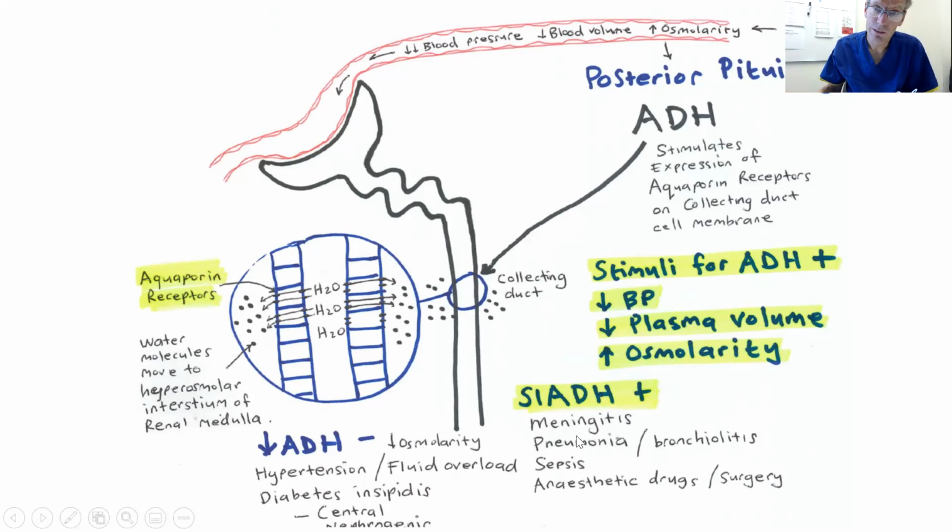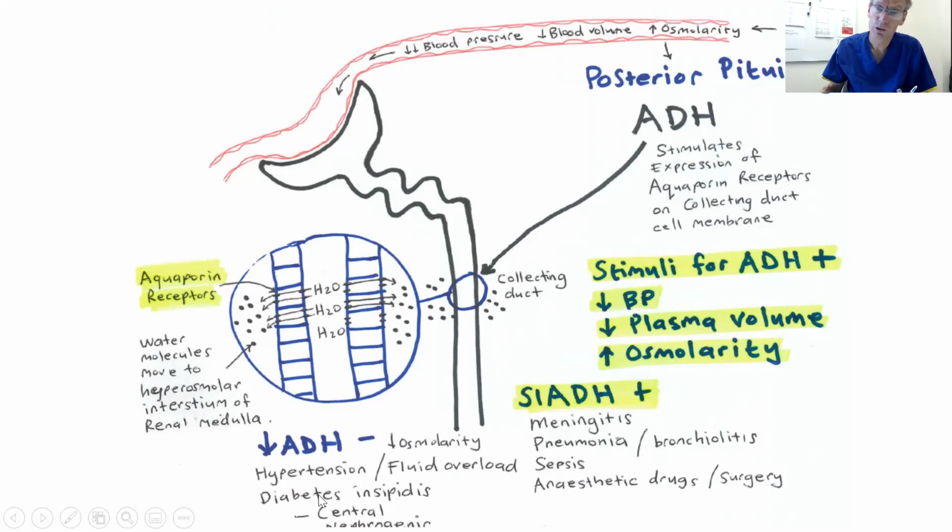There are some conditions in which you have reduced ADH secretion. So if you've got hypoosmolarity, that is hyponatremia or a very dilute serum, then you'll have low levels of antidiuretic hormone.